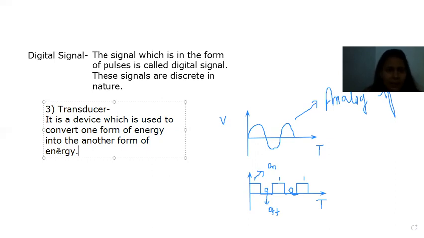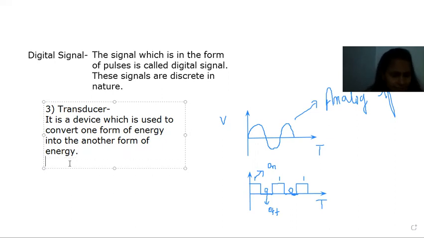So to convert sound wave into the electrical signal, we will use a transducer. So transducer is a device which is used to convert one form of energy into another form of energy. So we always use the transducer to convert sound waves, or we can say the message signal, into the electrical signal.